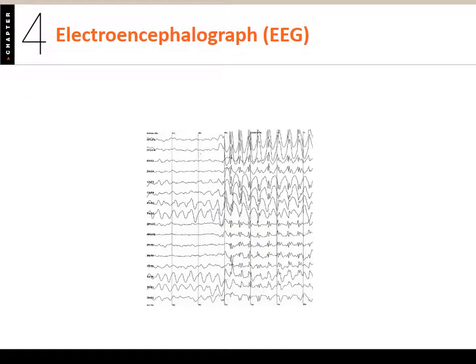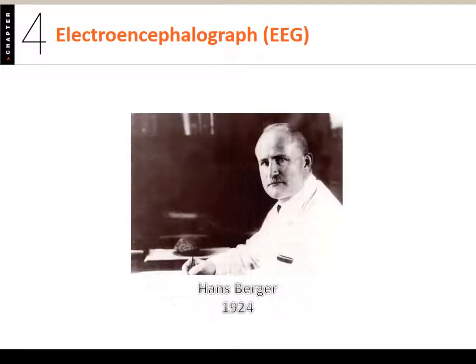This is what a typical strip of an EEG would look like, at least back in the olden days, back when they had little pens drawing these. Now these are all digital projections. The electroencephalograph, EEG, was invented in 1924 by Hans Berger.